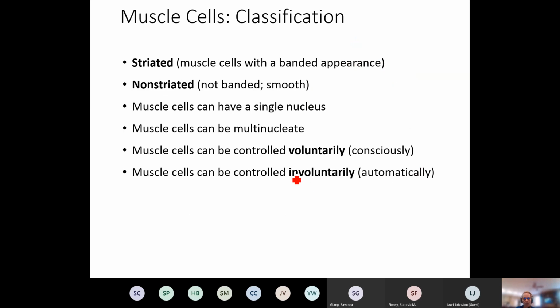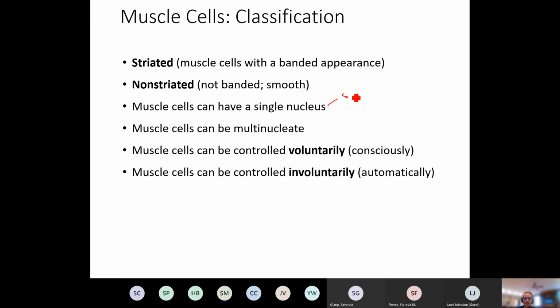Okay. All right. So again, here are some of the characteristics that I want you to know. So striated means that striped or banded appearance, and we'll learn what makes the bands in cardiac and skeletal muscle later on. Non-striated, again, in smooth muscle, they still have some of the same proteins, they're just not arranged in the same manner, so they don't make that overlapping striped appearance. All right.